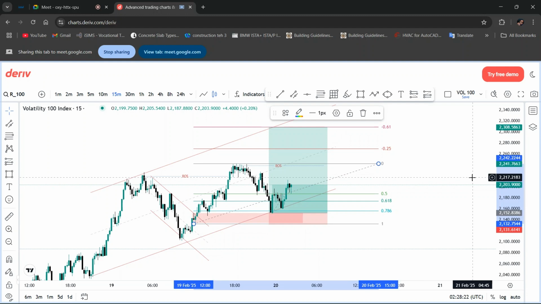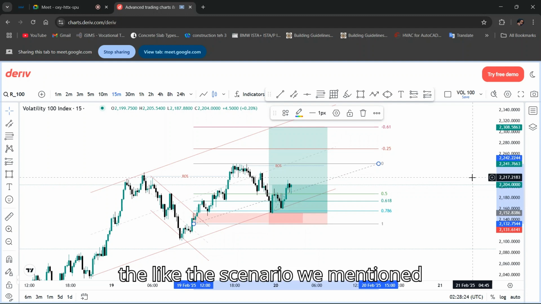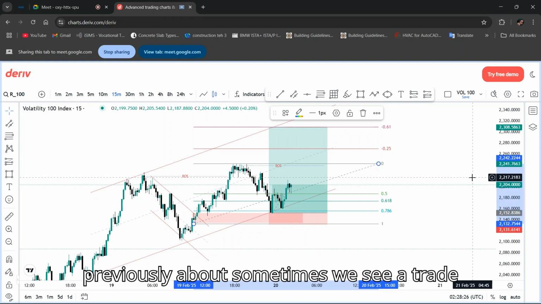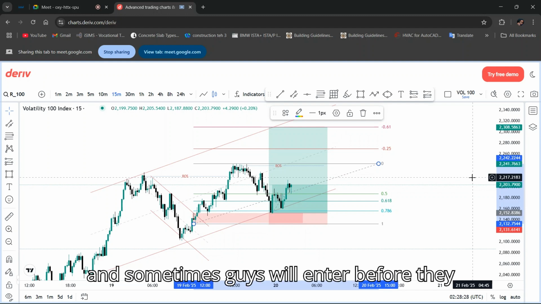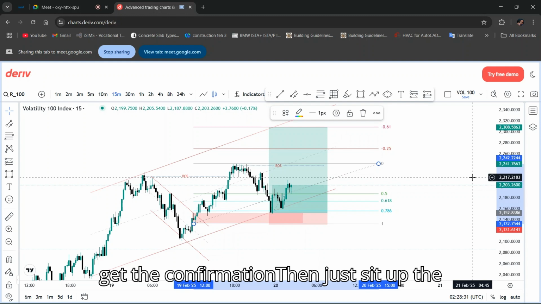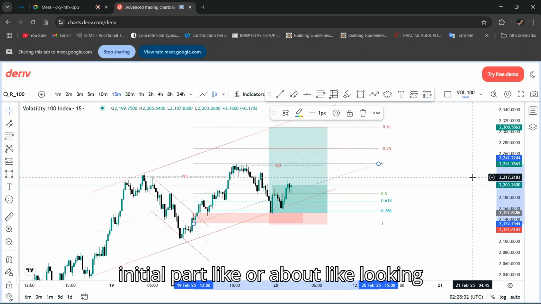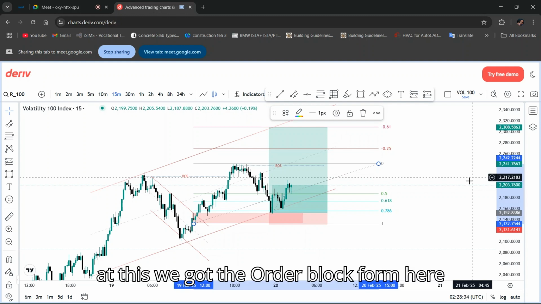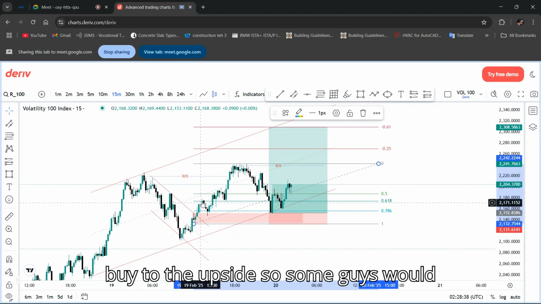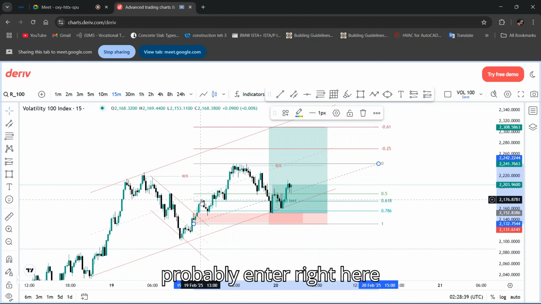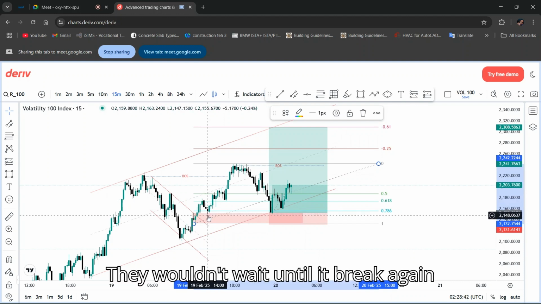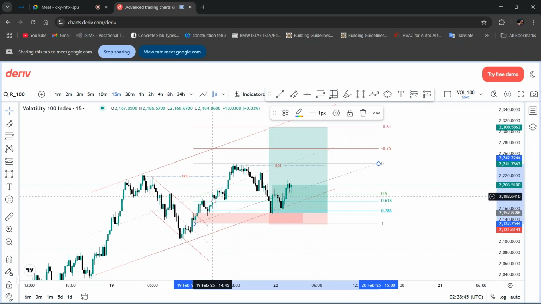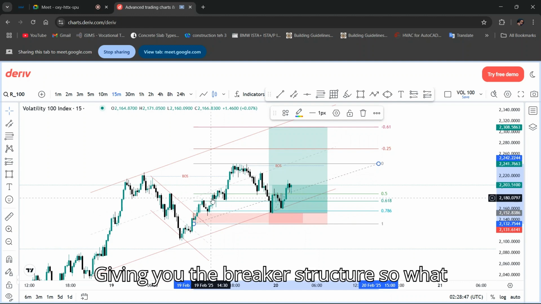Okay. Like the scenario we mentioned previously, sometimes we see a trade and some guys will enter before they get the confirmation. They just see the initial part, like looking at this, we got the order block form here, buy to the upside. So some guys would probably enter right here. They wouldn't wait until it breaks again, giving you the breaker structure.